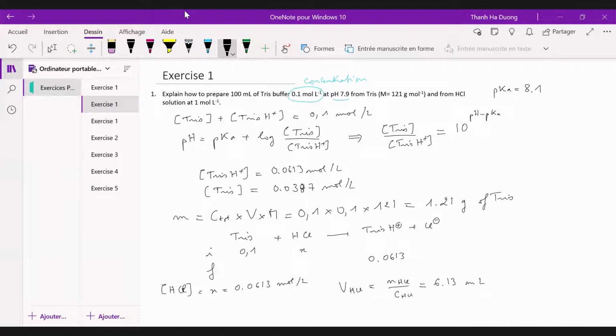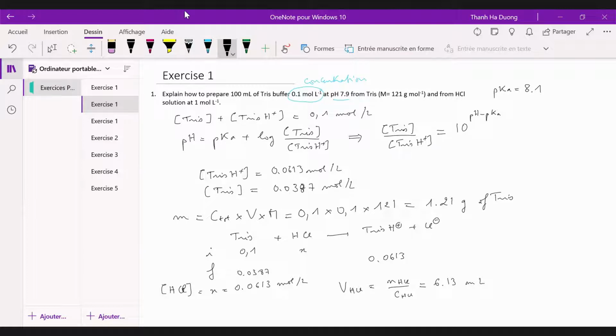So this is at the final state, when the reaction had finished. You should have at the end 0.0613 of tris H plus and 0.0367, right?